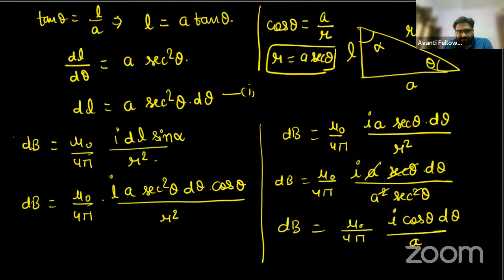Now dB is equals to mu naught I upon 4 pi a cos theta d theta.